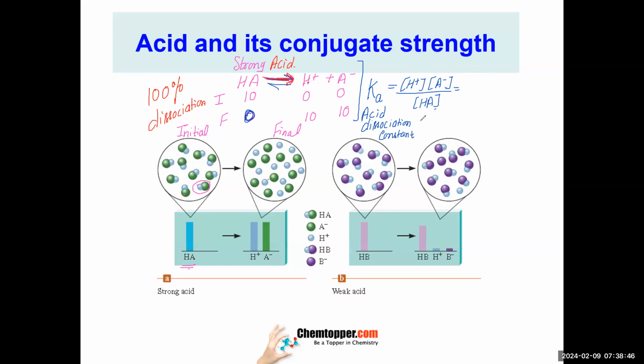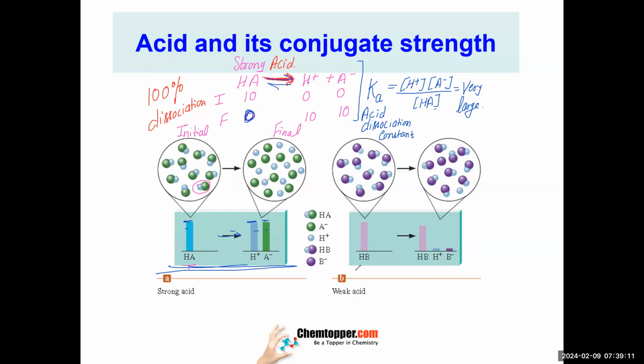So remember this. For strong acids, Ka is very large. Right? This is the complete story of this picture. You can see that it's 100% dissociated. The amount of H plus and A minus, they are all equal.